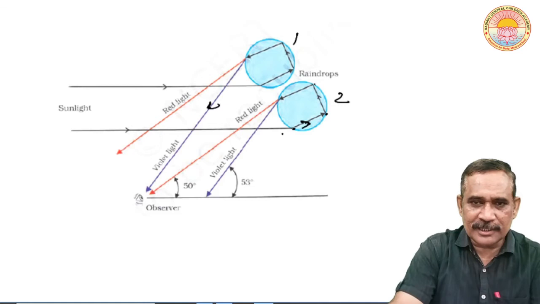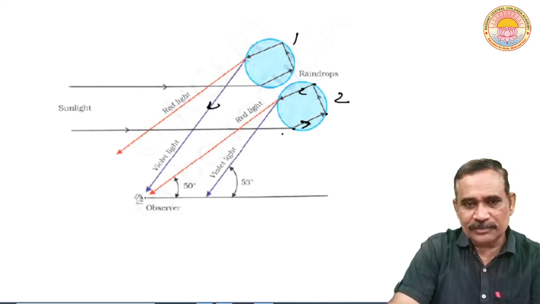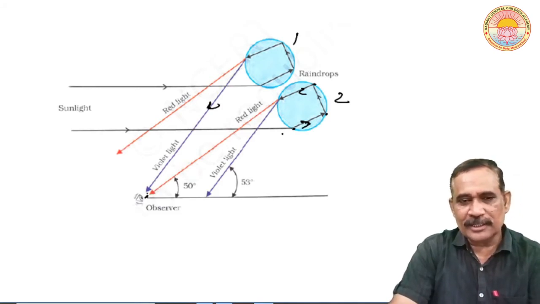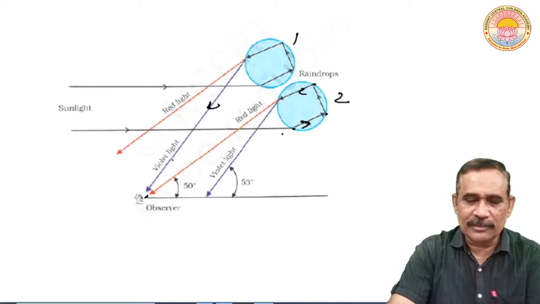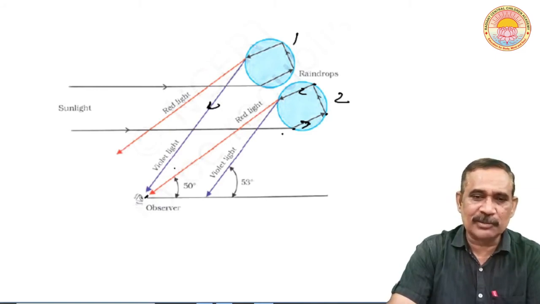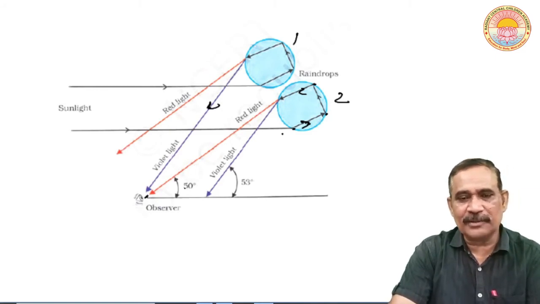Again it is incident here, and then again reflects from this point. Finally it comes out from the water drop and undergoes refraction, and is incident at the observer. So in the secondary rainbow, the inner edge is red color and the outer edge is violet color, and it makes an angle of 50 and 52 degrees.